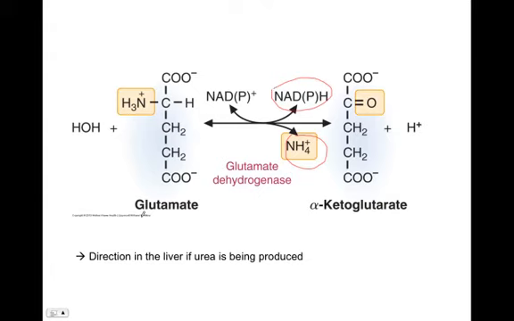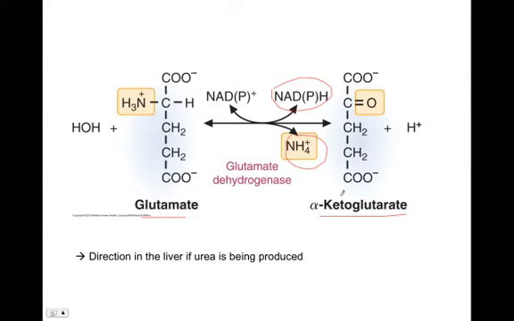This is the primary direction going from glutamate to alpha-ketoglutarate if urea is being produced. This is a mechanism by which ammonium can be removed from the body and carbon skeletons can be generated and funneled into the TCA cycle and used as needed.